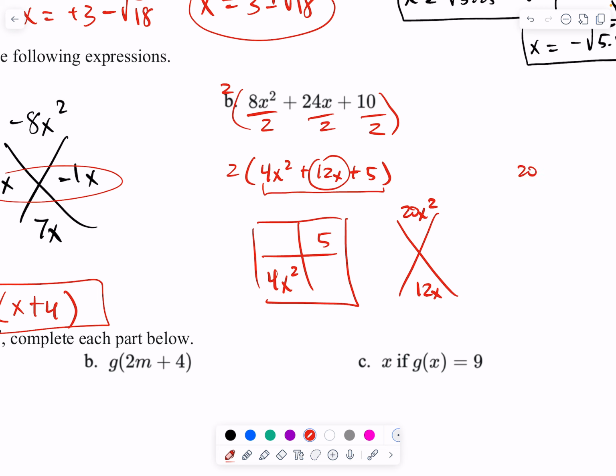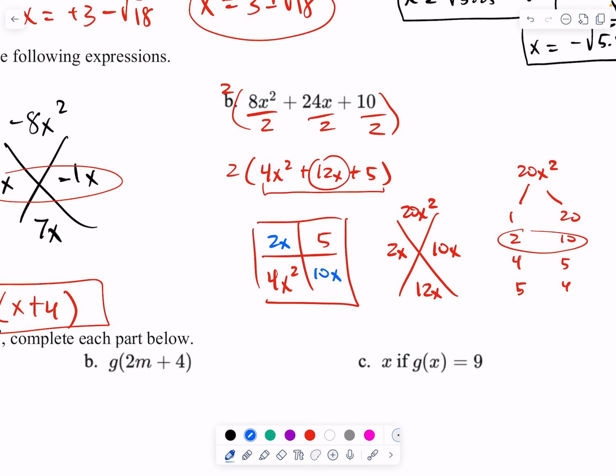So, for 20x squared, I'm going to think about 1 and 20, or 2 and 10, or 4 and 5. And so I can see a combination right here, 2 and 10, that will multiply to 20 and add to 12. So I'm going to go 2x and 10x.